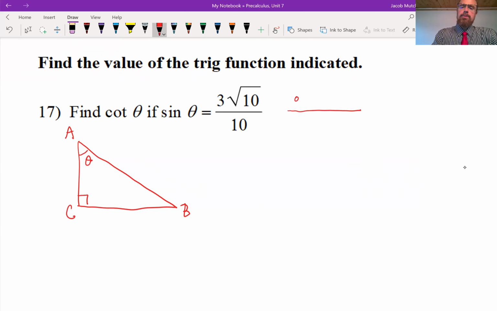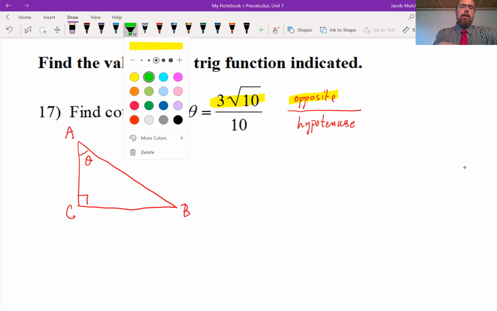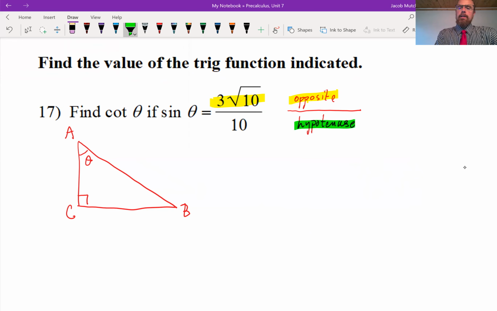Sine is opposite over hypotenuse. So what I want to do initially is identify that my opposite side should have a length of 3 square root of 10, whatever's in the numerator. And the hypotenuse should have the length of 10, whatever's in the denominator. So I'm going to label those sides with those lengths.